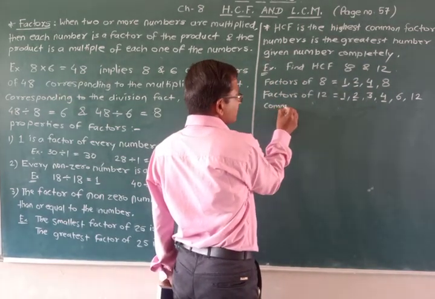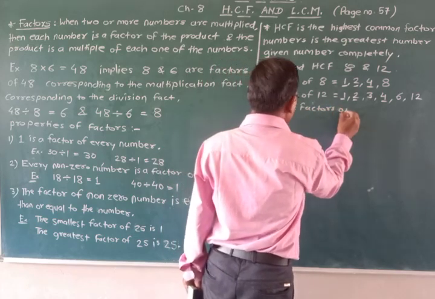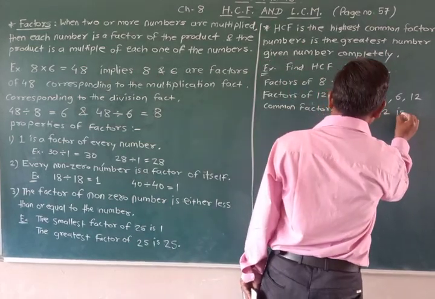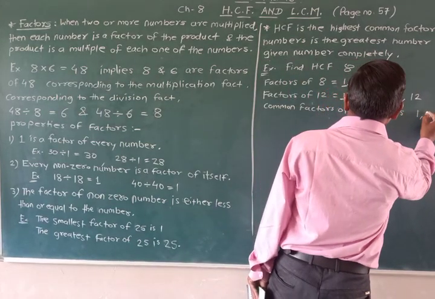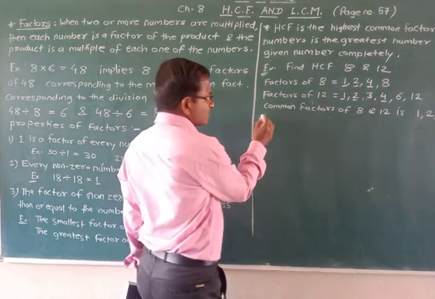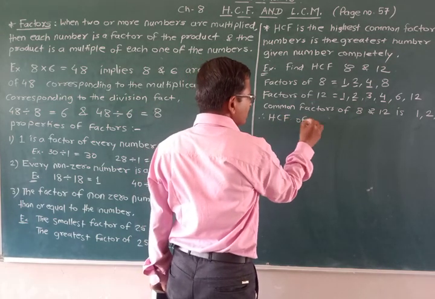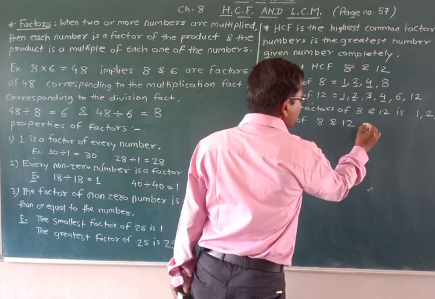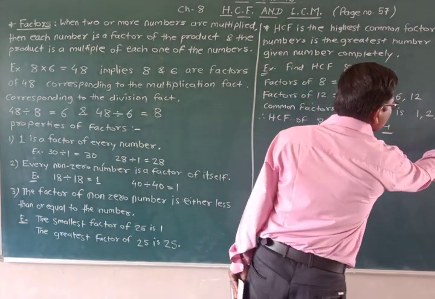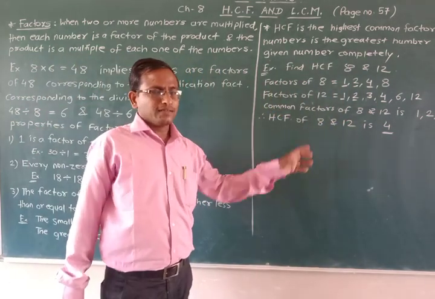So first we write the common factors of 8 and 12: 1, 2, 4. Therefore the highest common factor of 8 and 12 is 4. This is the answer. So find the highest common factor in this way.